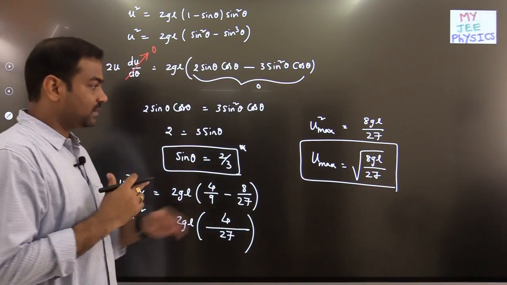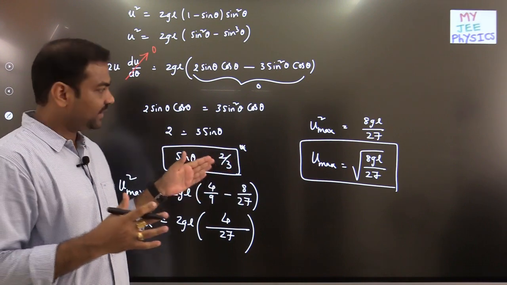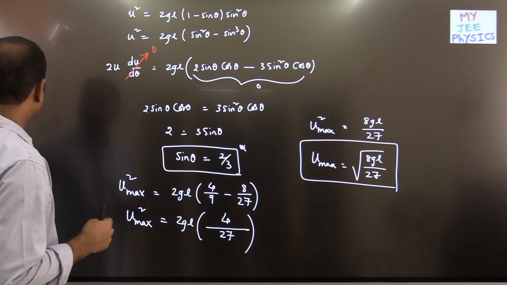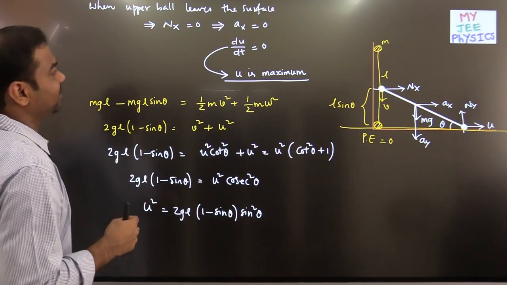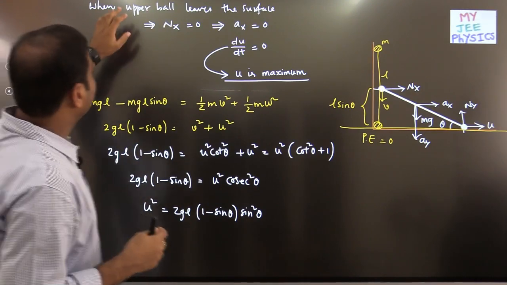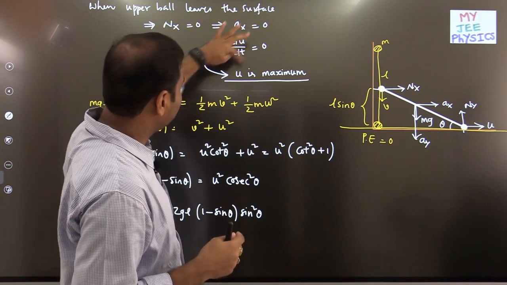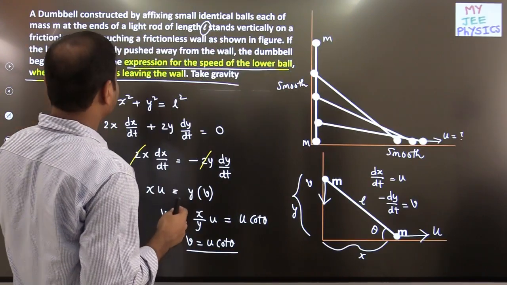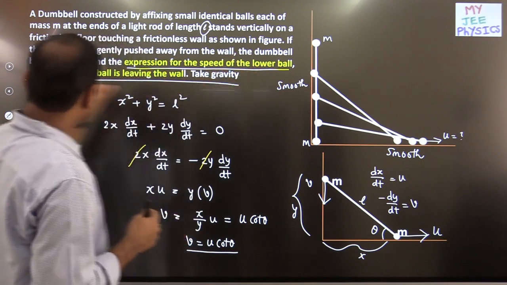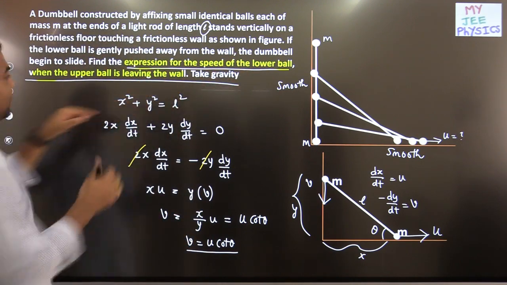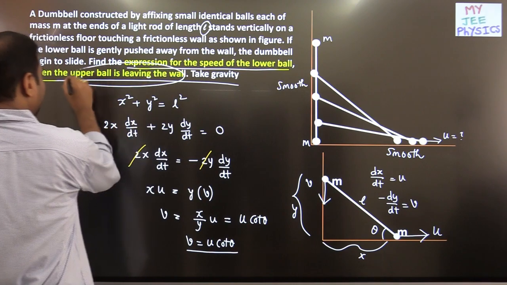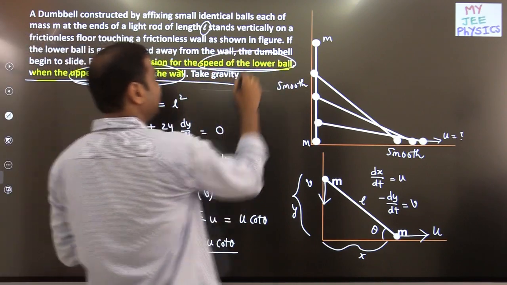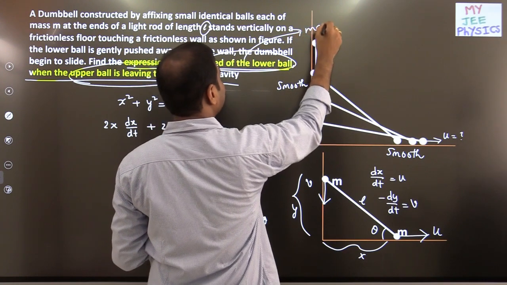Understood? But have we reached the final answer or not? That is very important, so let us go back. We got the u maximum value. When the upper ball leaves the surface, u value is maximum. And what is the question asking? What is the speed of the lower ball when the upper ball leaves the wall? We know the speed of the lower ball has its maximum value.